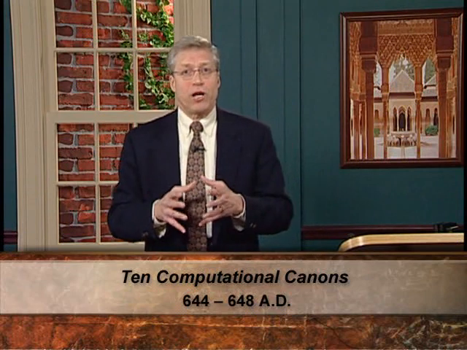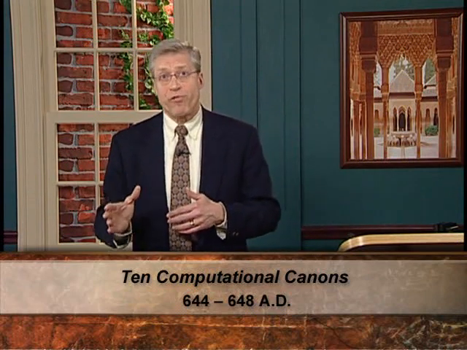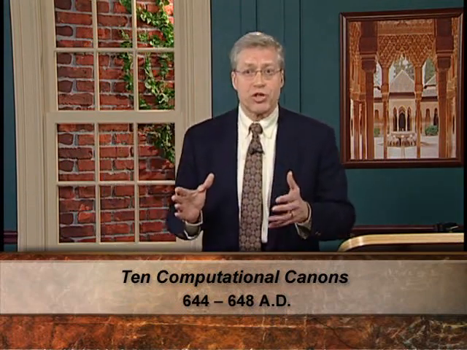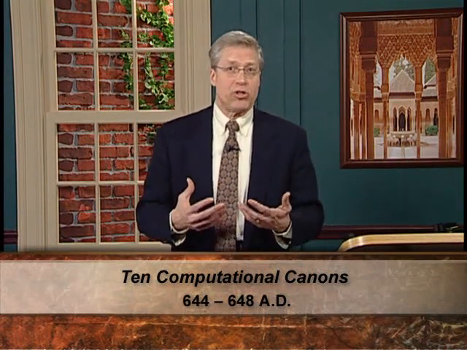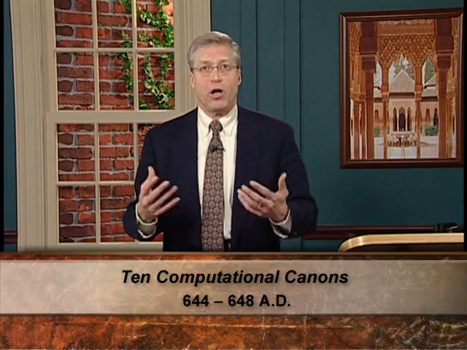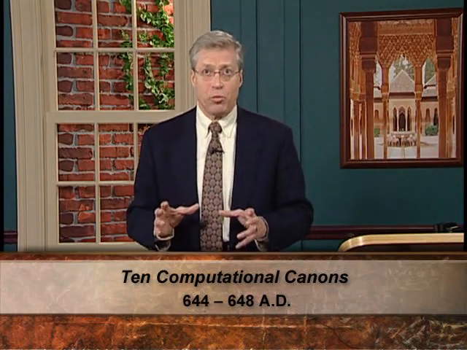This is a work that was done over the period 644 to 648 AD, and while it's called the 10 computational canons, in fact, they did pull on more than just 10 mathematical works. There were probably at least 12 or 13 different mathematical works that were combined into this.